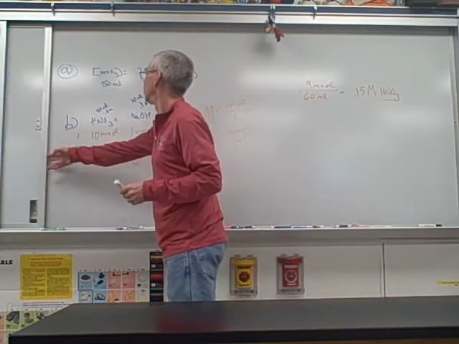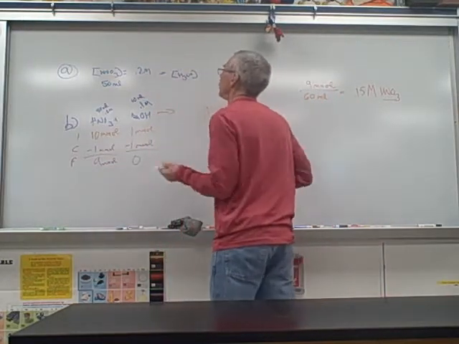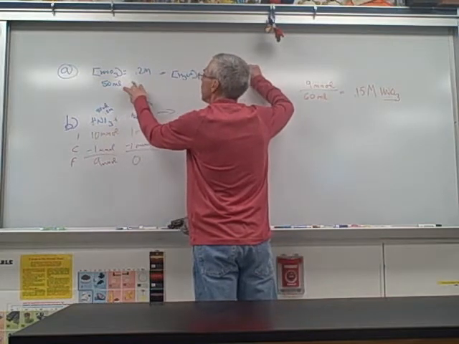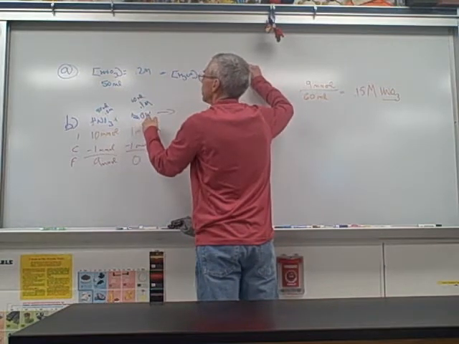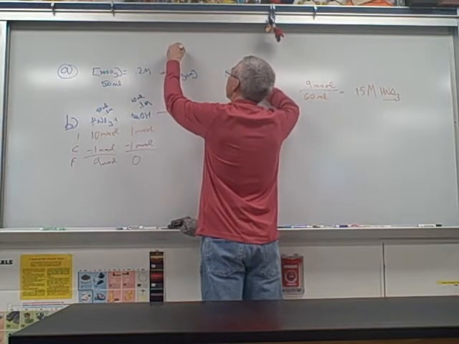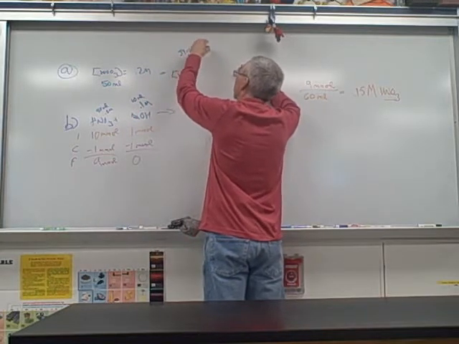Next thing. Let's say, in this case, we're titrating nitric acid with sodium hydroxide. So therefore, this is a strong acid titration. All right.